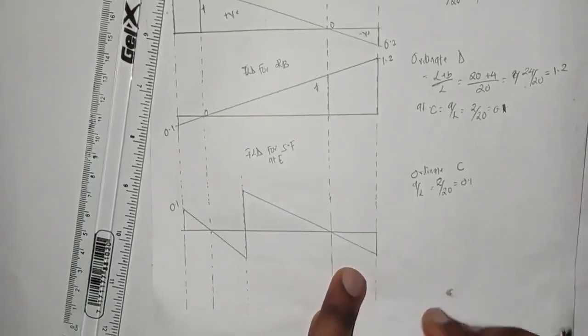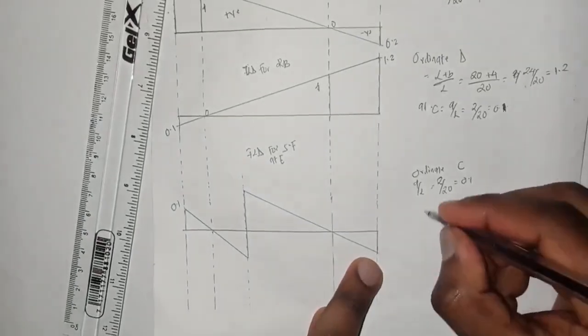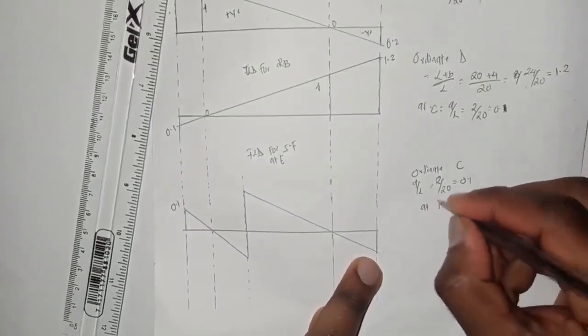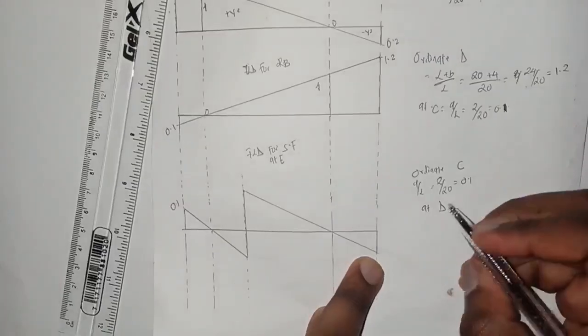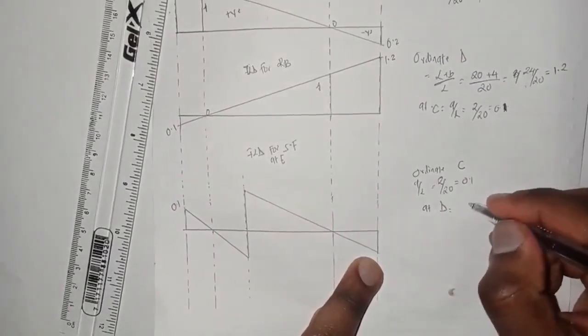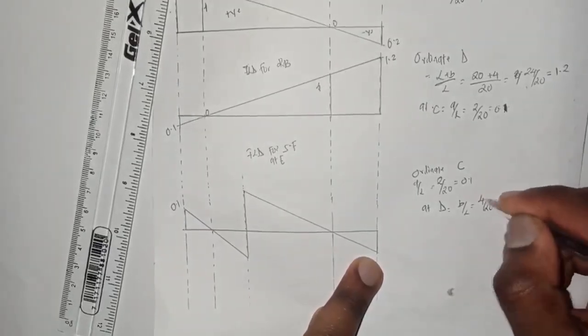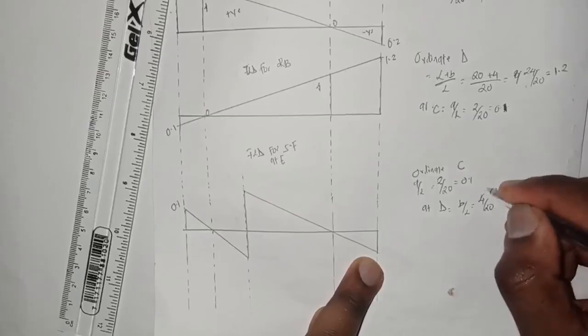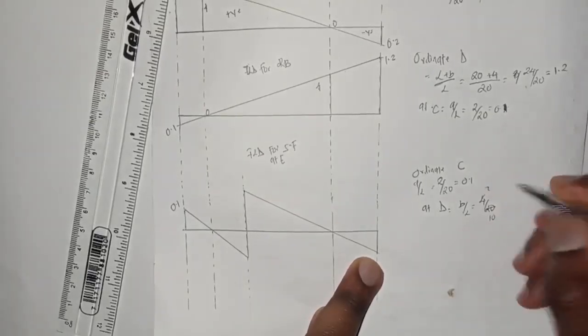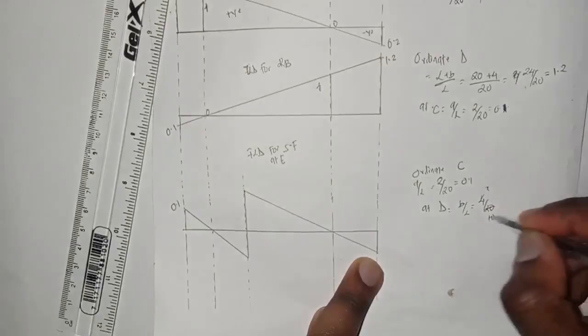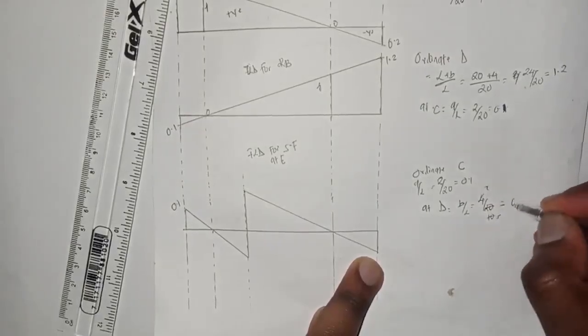And at D, just take the distance, so it is 4, b all over L, 4 all over 20, which is 0.2.